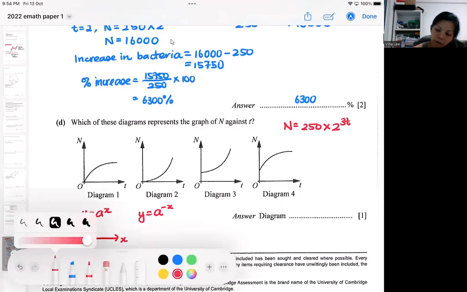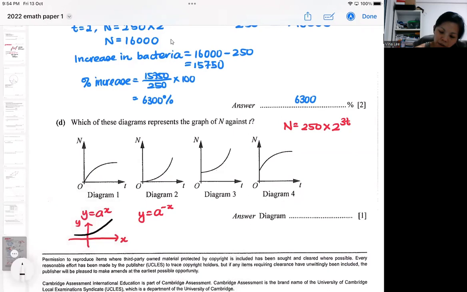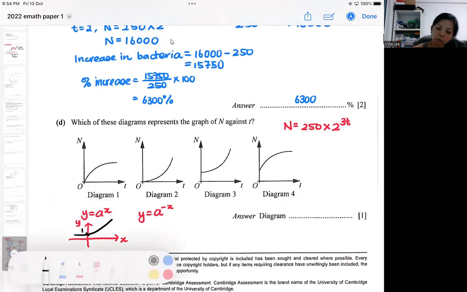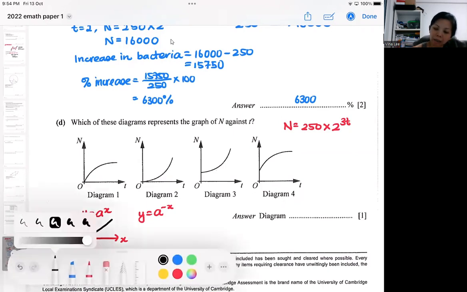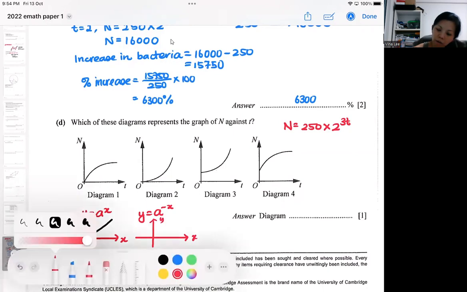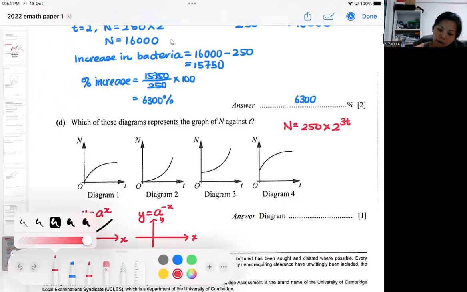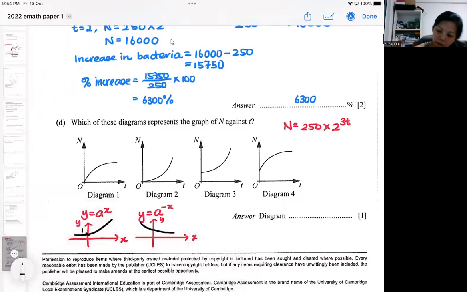So when the power is positive x, it's actually upward sloping. When the power is negative, it will be downward sloping. So that's how a generic exponential graph looks like. You should find this in the summary of your power function.